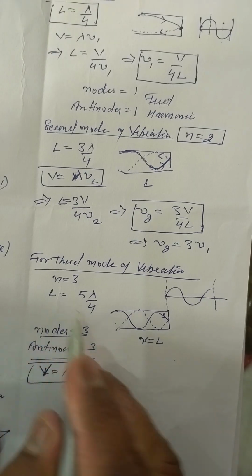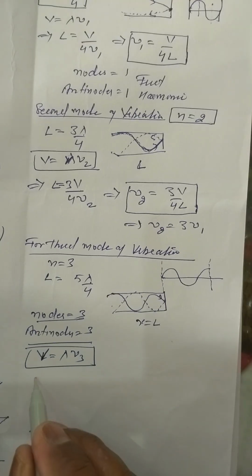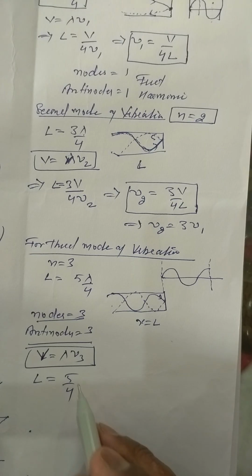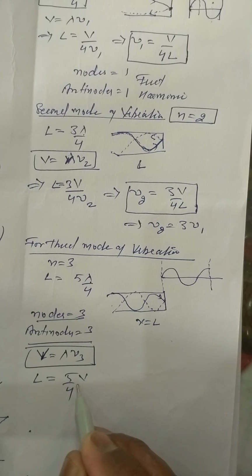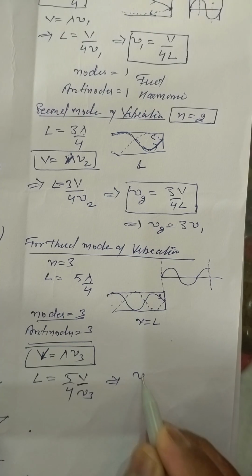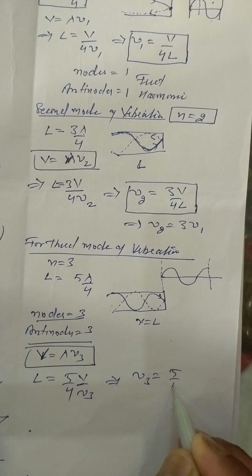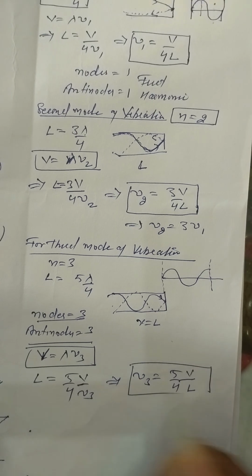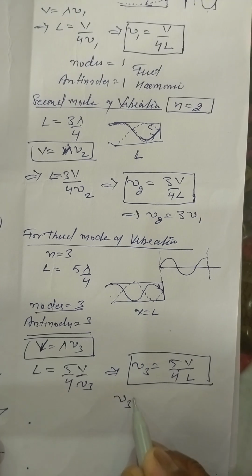So putting the value of lambda in this equation, L is equal to 5 upon 4 into V upon nu 3. So this implies that nu 3 will be equal to 5 V upon 4L. So here it is clear that nu 3 will be equal to 5 into nu 1.